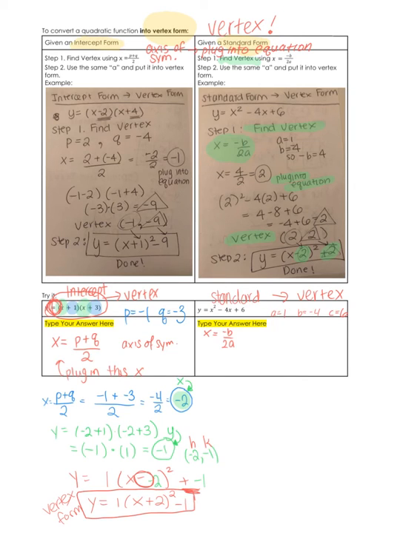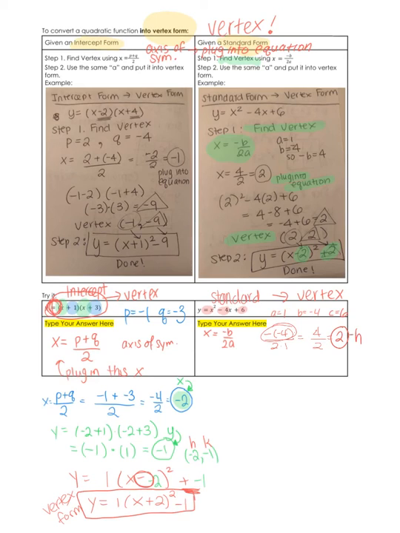Remember, we're just using the numbers in front of the variable. Alright, so axis of symmetry would be negative of negative 4 over 2 times a. So this becomes positive, and 2 times 1 is 2. So that means 4 over 2 would be 2. So that's our x value.